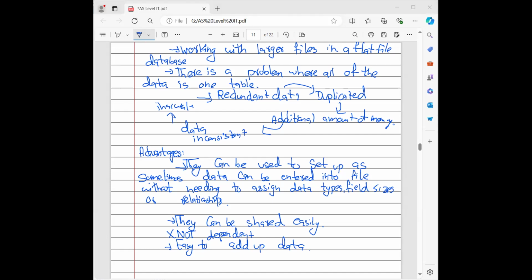But if you do that in a relational database, it's quite a challenge, because a relational database is connected with all of its values. It's also quick, it saves your time as well.